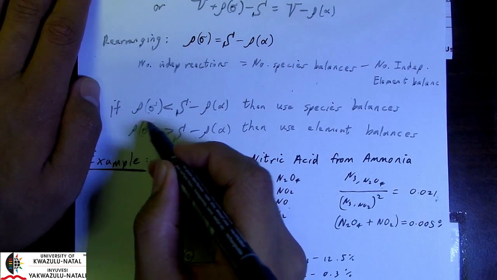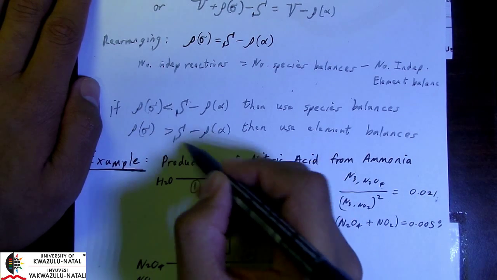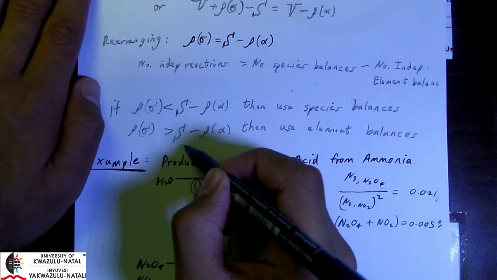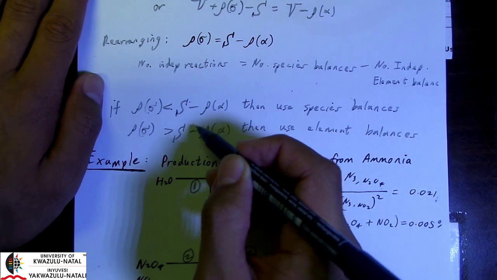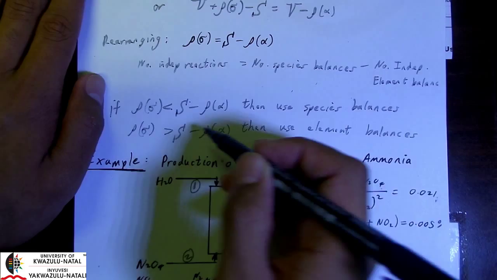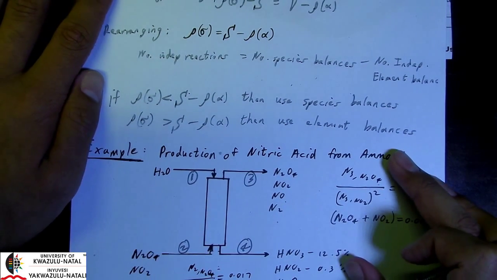However, if the number of independent reactions is greater than the difference between the number of species and the number of independent element balances, then it is preferable to use element balances.